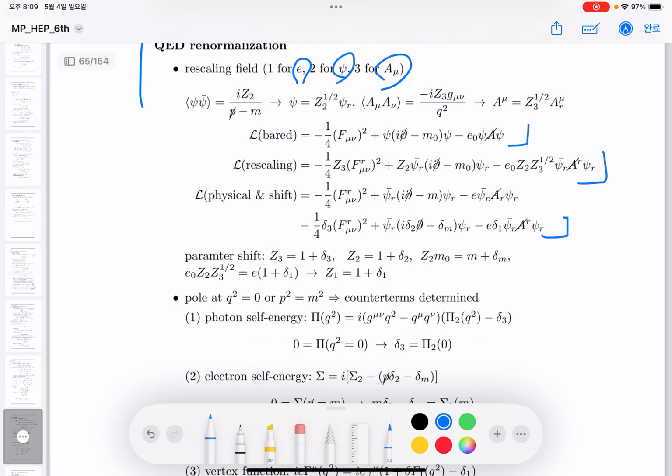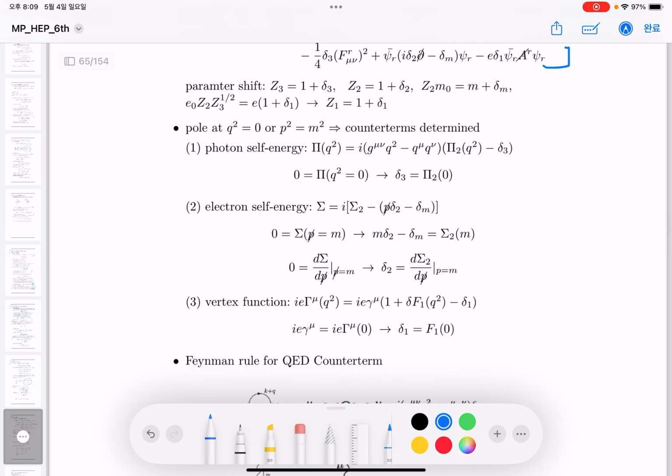And the counterterm can be determined to cancel the divergence and impose the renormalization condition. So there's the photon self energy, electron self energy, and vertex function as diagrams of QED processes, and we can determine the counterterms delta 1, delta 2, and delta 3 for each case.